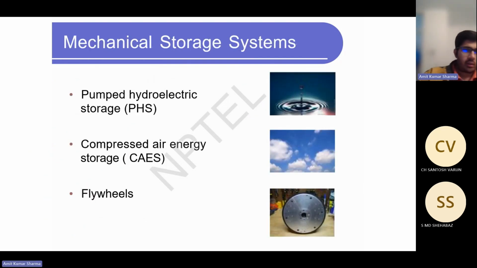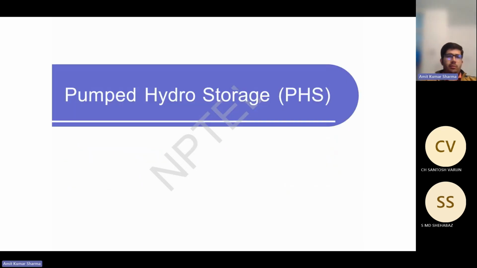The mechanical energy storage systems cover pumped hydroelectric storage, PHS, then compressed air energy storage, CAES, and flywheels. So basically in a pumped hydroelectric system, let's see.